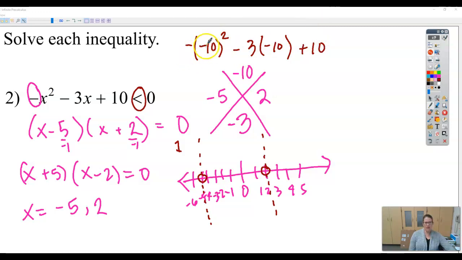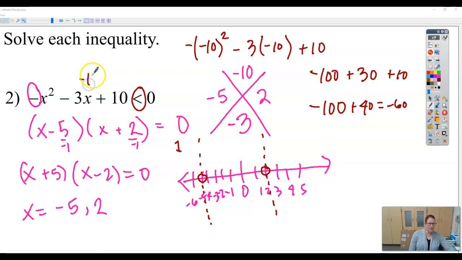So -10 squared is 100, and then the negative out front would make it negative 100. Negative 3 times -10 is positive 30, and then plus 10. So this gives me negative 100 plus 40, which equals negative 60. So is negative 60 less than 0? Yes, it is. So that one is true, which means I'm going to highlight this section.